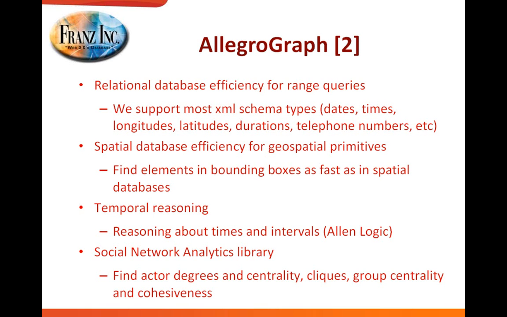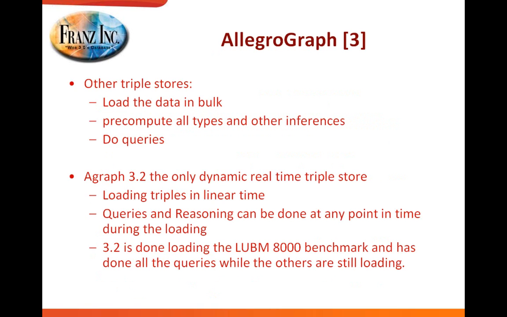And then finally, a fairly new development is that we provided a much faster reasoner on top of a triple store. In general, triple stores load the data in bulk, and then what they do is they pre-compute all the types and all their inferences, something people call materialization, and then they do queries. We don't really believe in that model.